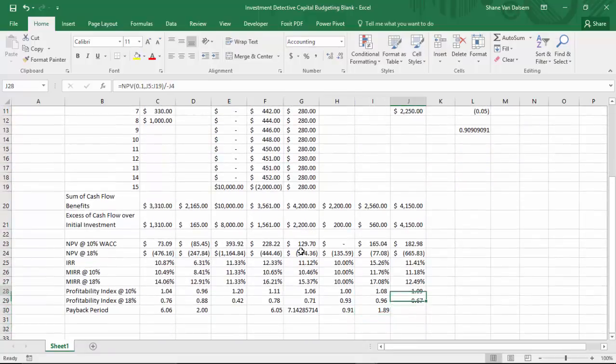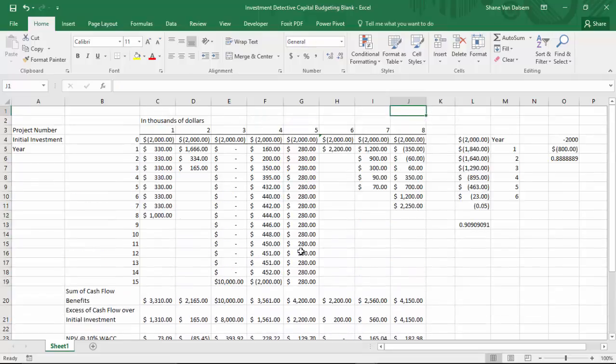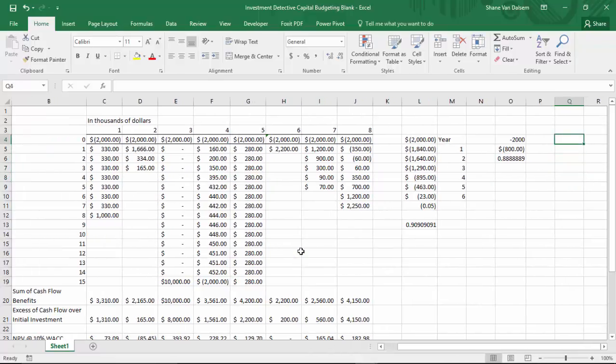And then finally for project 8, we have a weird situation where we have a negative cash flow at time 1, a negative cash flow at time 2. And so that's actually going to decrease the amount of our cash inflows. So I'm going to start here, put an equals negative 2,000, our initial investment.